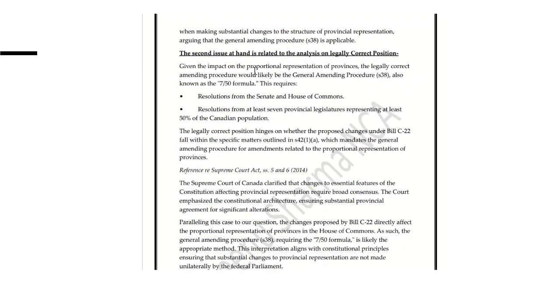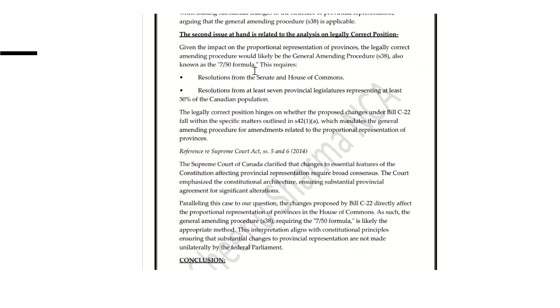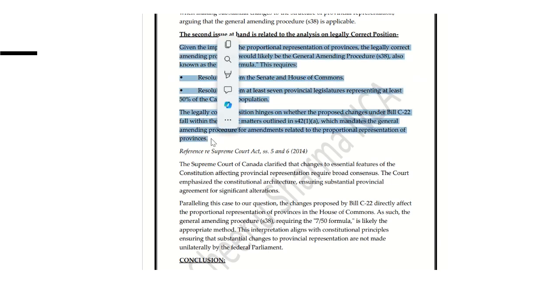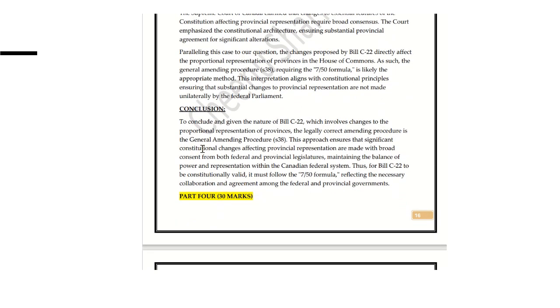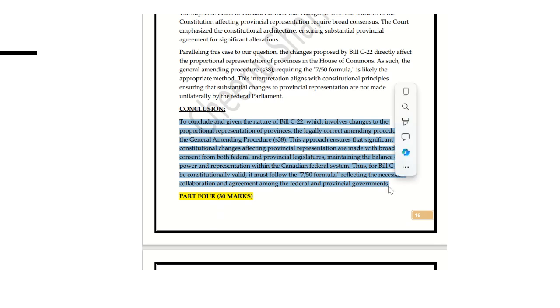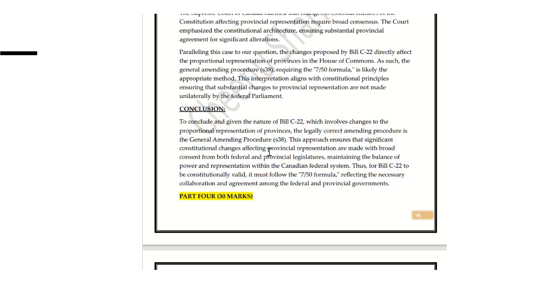Then for the second issue, the legally correct position, you can mention the one section that you think is correct, and then you can justify that with your case law. And the conclusion has to be very crystal clear, crisp. It should clearly state your position. Whatever you want to bring to the attention of the examiner, the answer-writing checker, just write that.